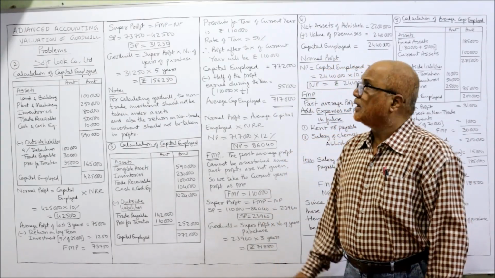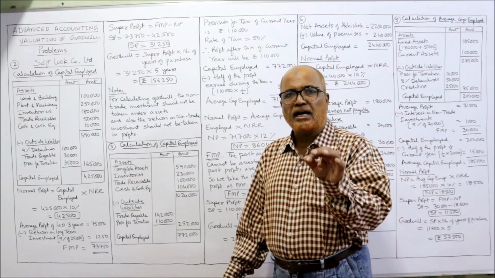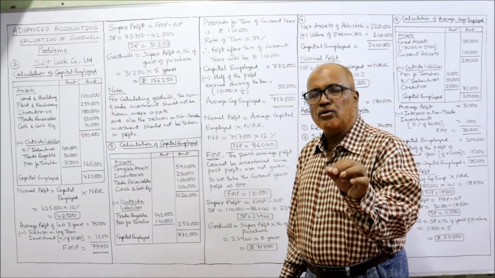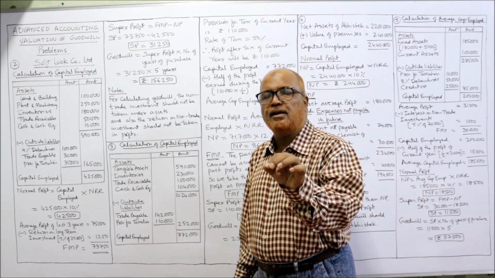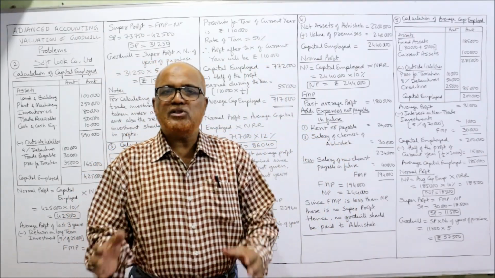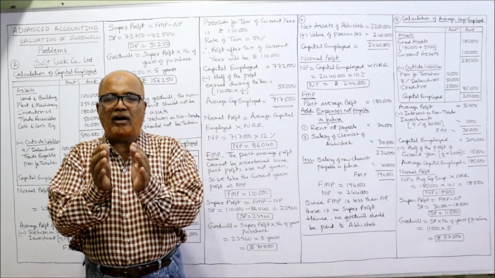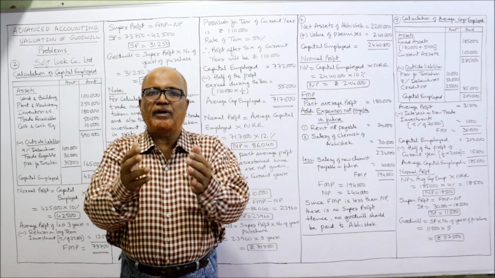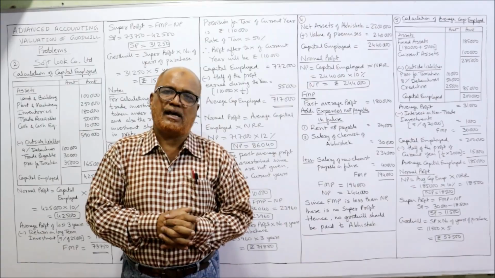Now, this is the capital employed. One point is given: the provision for taxation for the current year is 1,10,000, and the rate of income tax is 50%. That means whatever profit we have earned, 50% we are paying as tax and the remaining 50% is profit after tax.